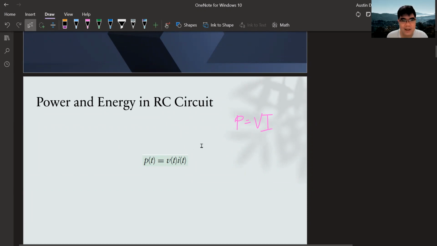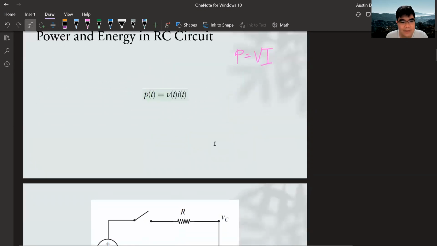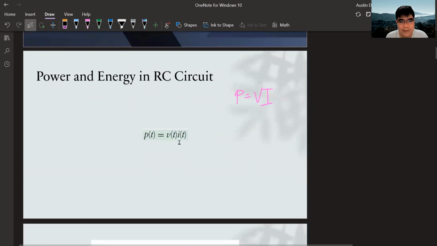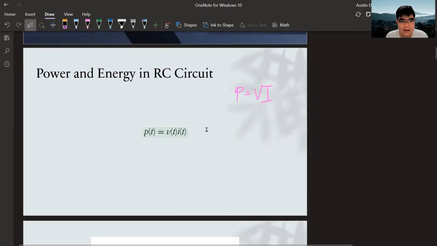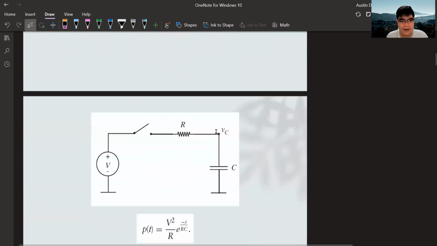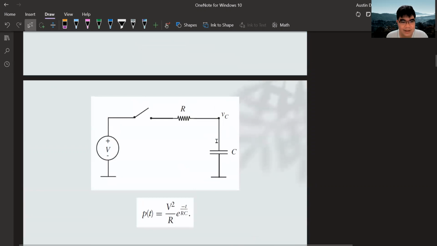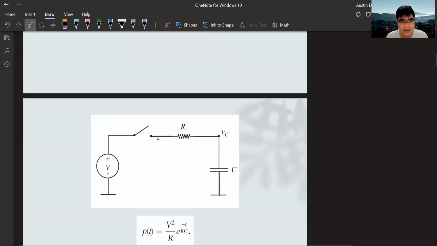Okay? Straightforward naman. And then, ang implication lang dito is that dapat alam natin yung mga voltages and currents at certain times. Okay? So, yan.